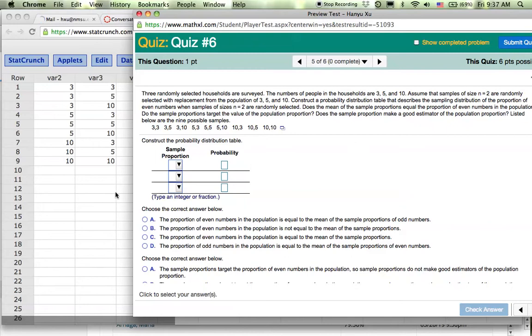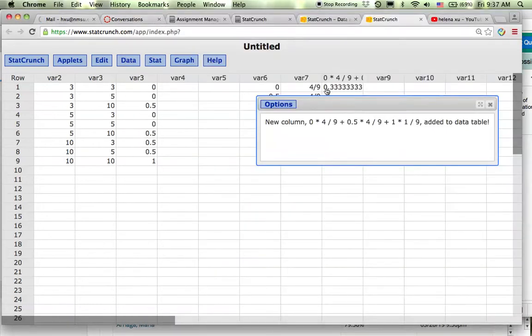In other words, it's also equal to 0.33333. So you know that the sample proportion mean and the population proportion are the same, and the sample proportion targets the population proportion.